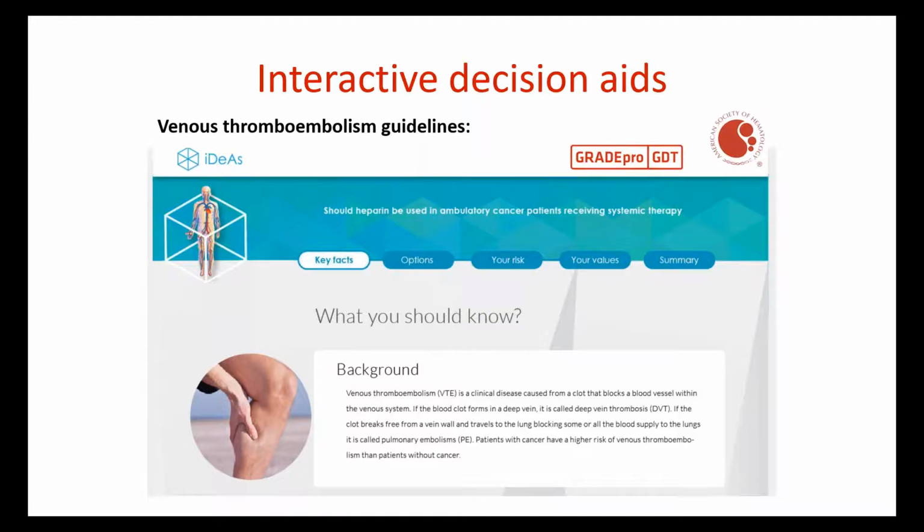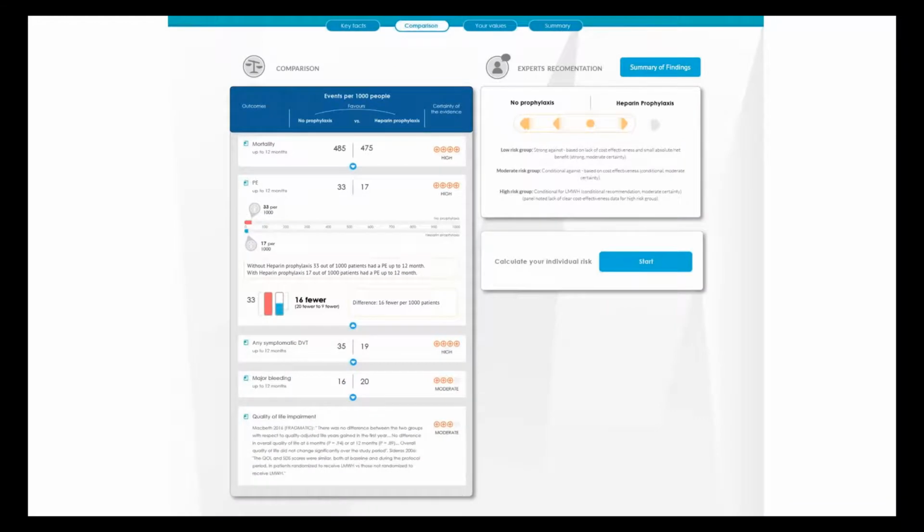These decision aids provide background for not only clinicians, but in particular patients as they may be facing particular problems. Next slide. They provide information about the actual risk that a patient might experience.